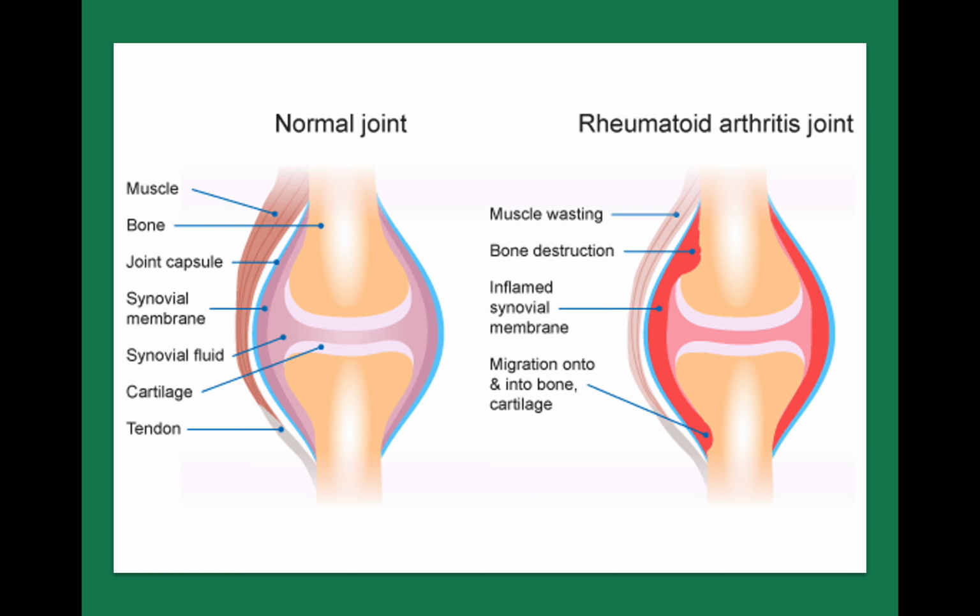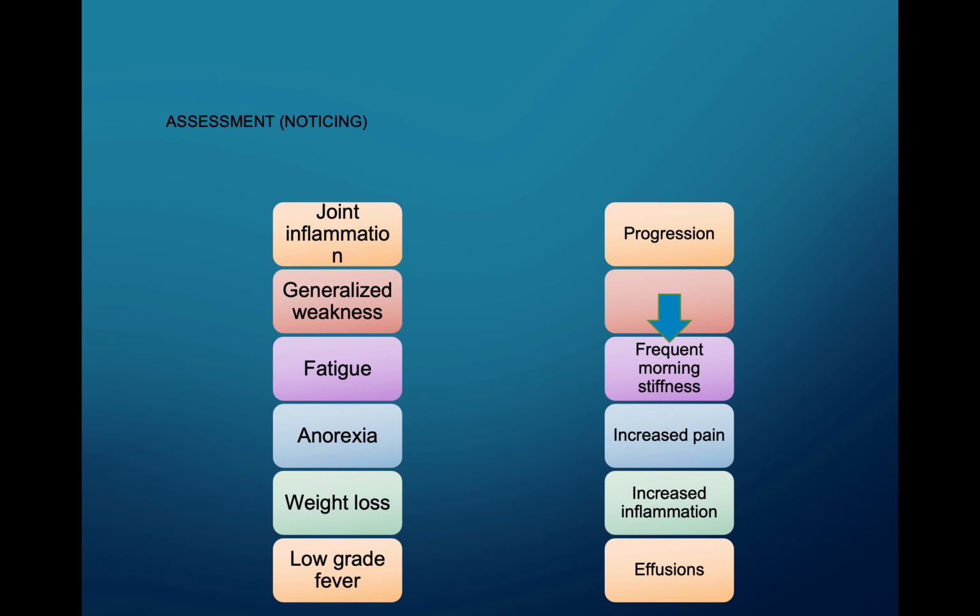The muscle is starting to waste away, and ultimately we're getting destruction of the bone. So all of this is taking place because there has been inflammation within the joint. So again, if we can control the inflammation, then we can control or hopefully prevent the destruction of the joint.